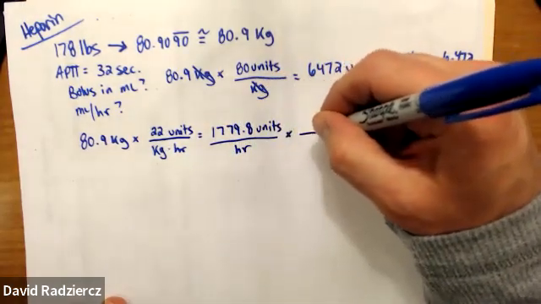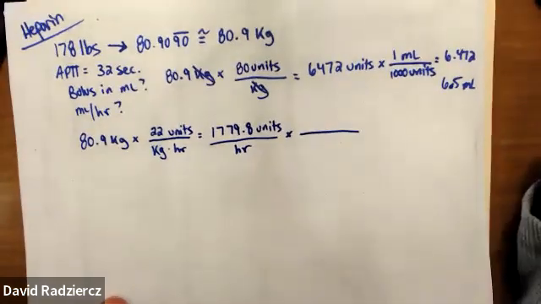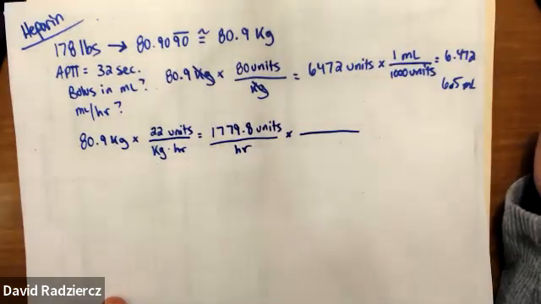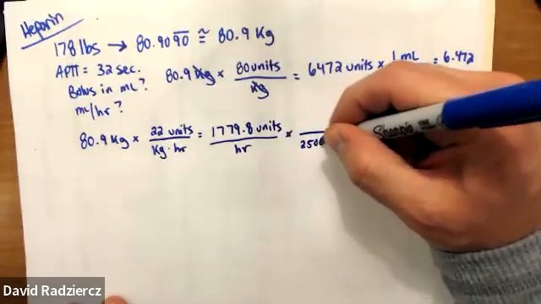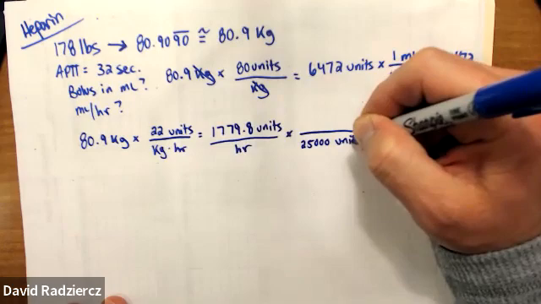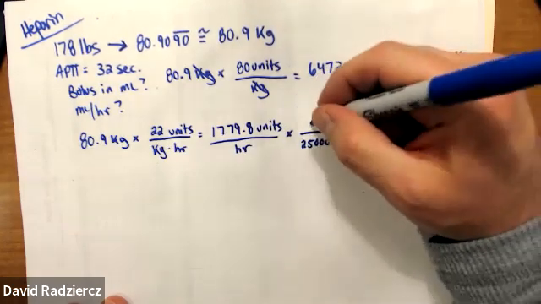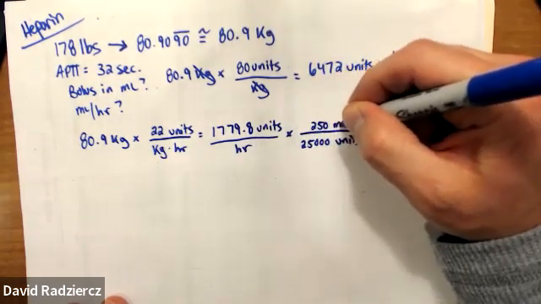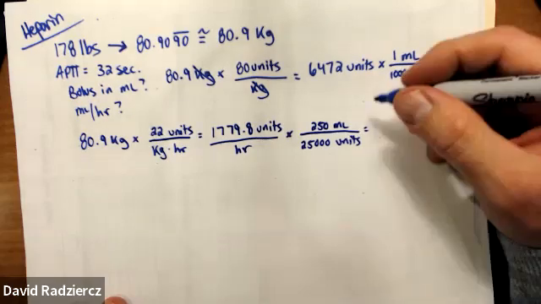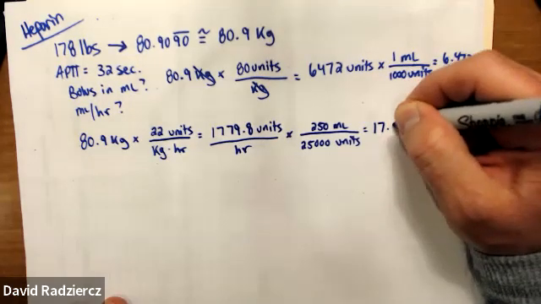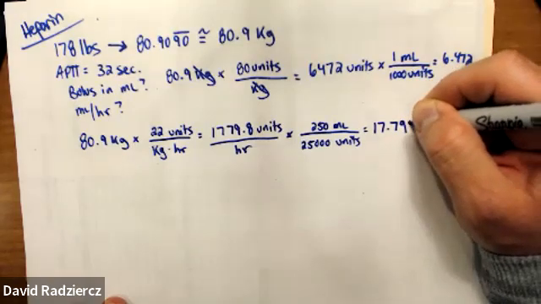I don't want units per hour, I want milliliters per hour. So again, I'm going to go back to the protocol. Remember, I have the 25,000 units of heparin in the 250 ml of half normal saline. And that relationship is still 1 to 100. So I'm going to divide by 100. And I'm going to get 17.798.